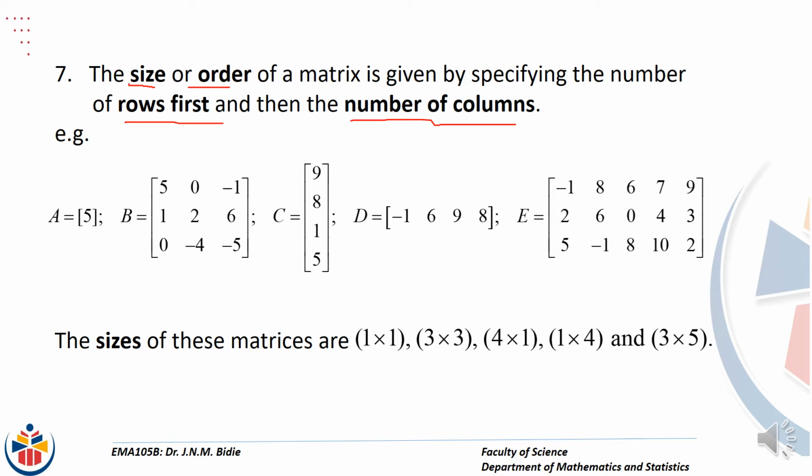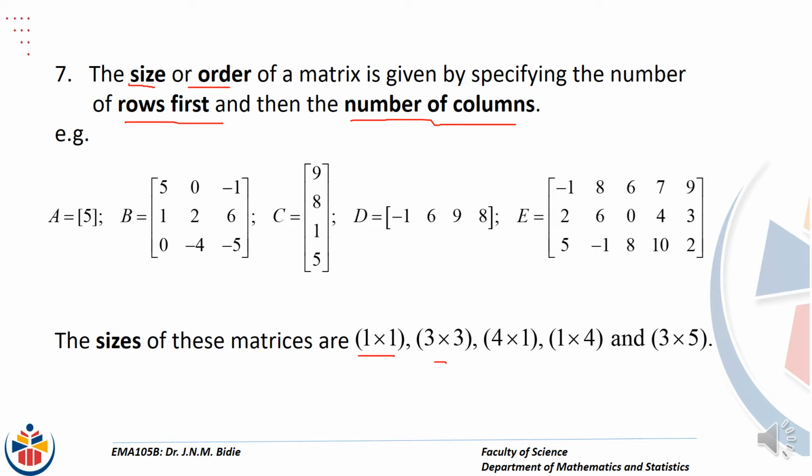So A, we say, is a 1 by 1 matrix because this entry 5 is found in the first column, first row. So you only have 1 row and 1 column for matrix A, and then matrix B has got 3 rows and 3 columns. Therefore, we say it is a 3 by 3 matrix.